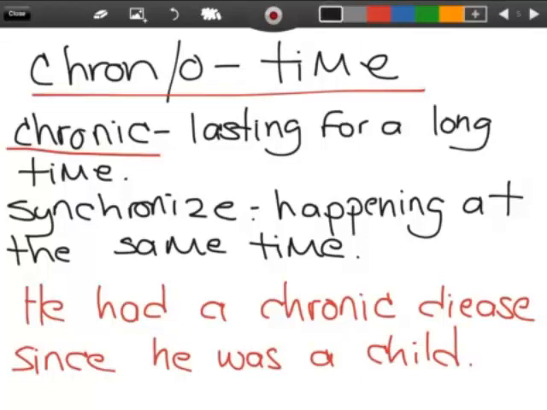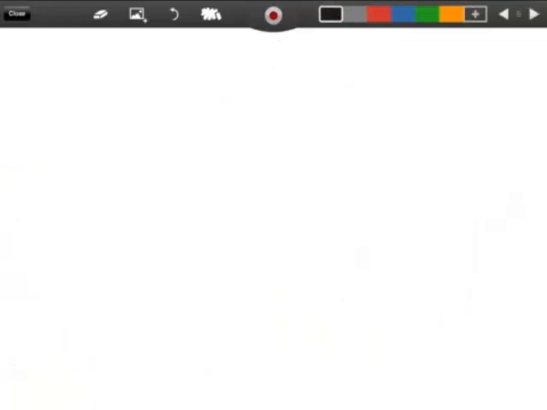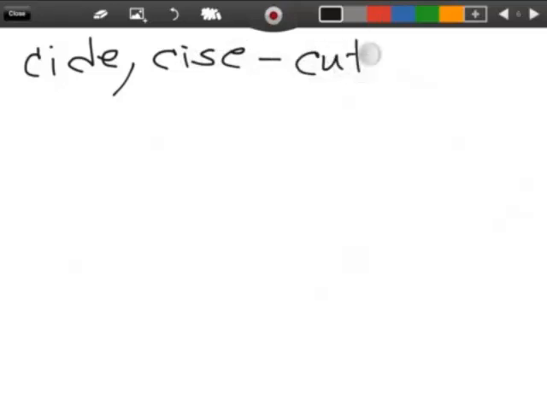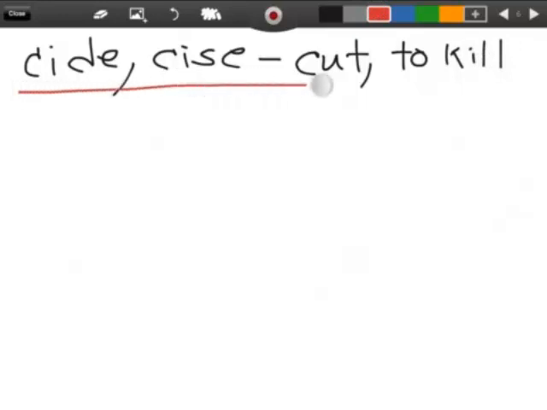Moving on to our next root is cid, cis. And this means cut and to kill. This is another commonly used root, so I'm going to go ahead and underline this for you. And if I wanted to give an example word, I would say homicide.